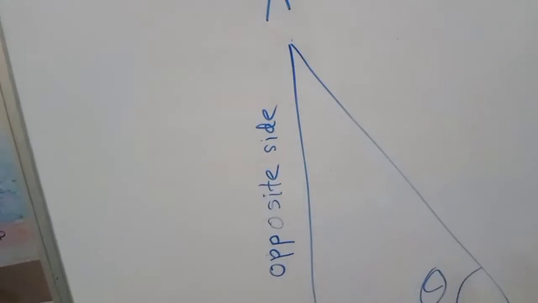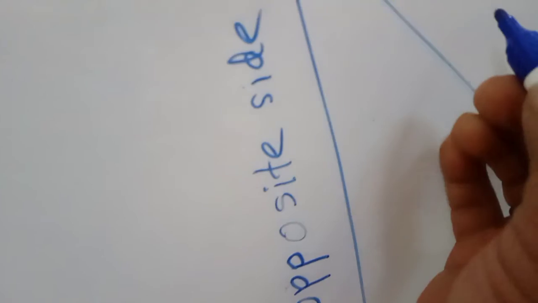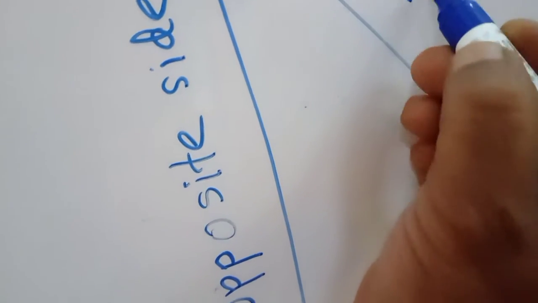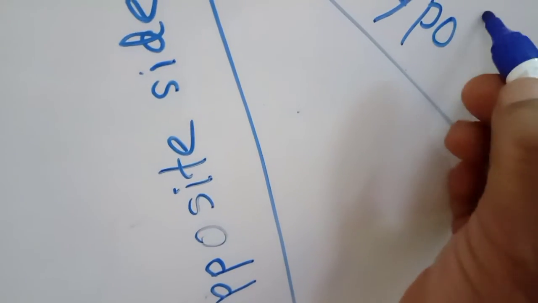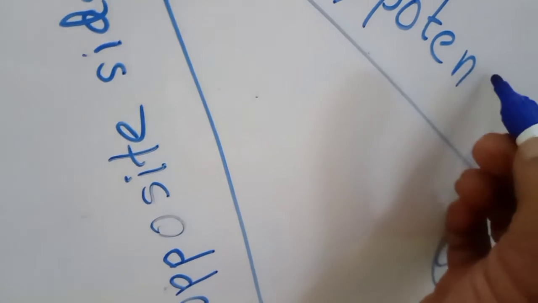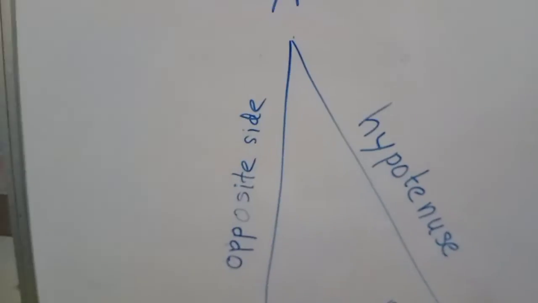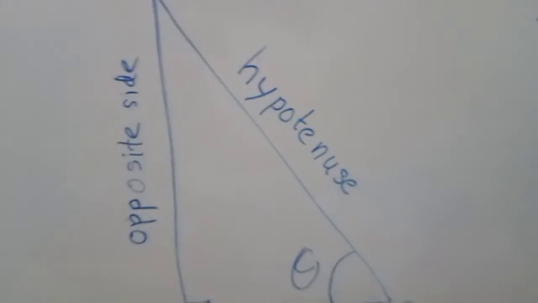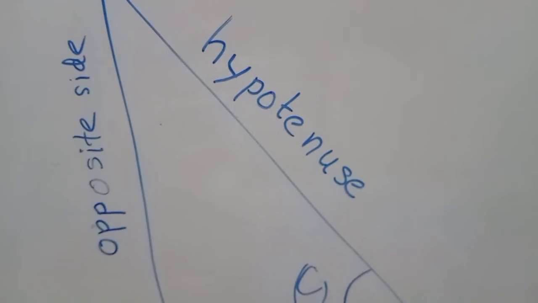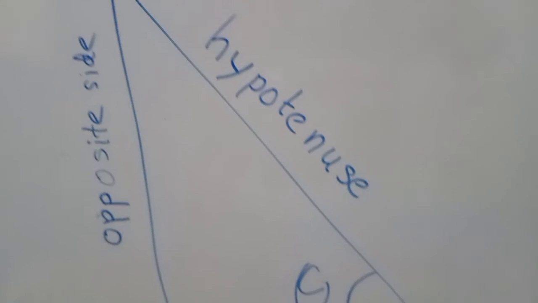And as we know very well, AC happens to be the hypotenuse. Why does it become hypotenuse? Because it is located opposite to the right angle. A side that is opposite to the 90 degree angle is always called as hypotenuse.